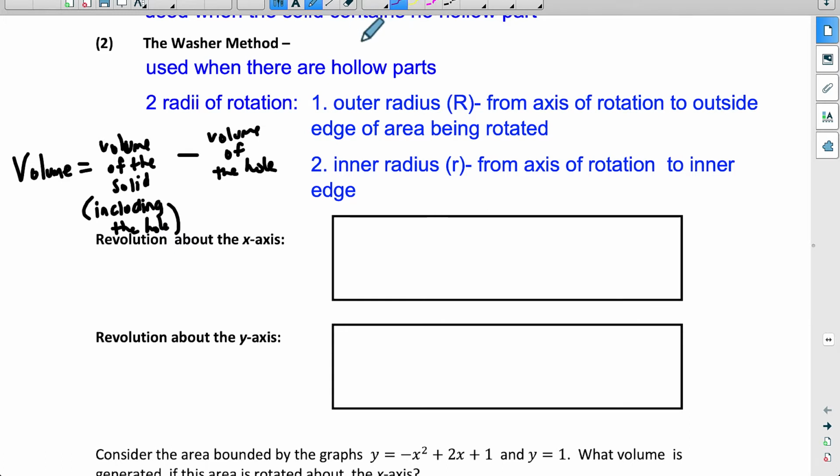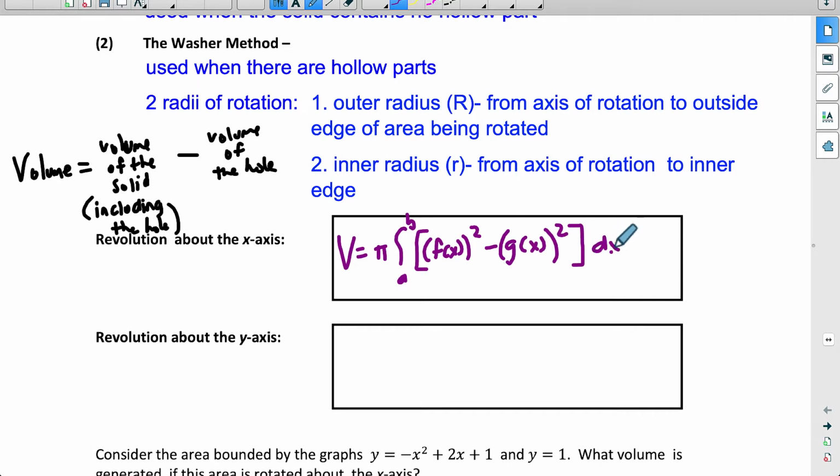If your plane region is being revolved around the x-axis, you get this formula. V equals pi, just like last time, integral from a to b of f(x) squared minus g(x) squared, in terms of x. You're going to integrate there, right?